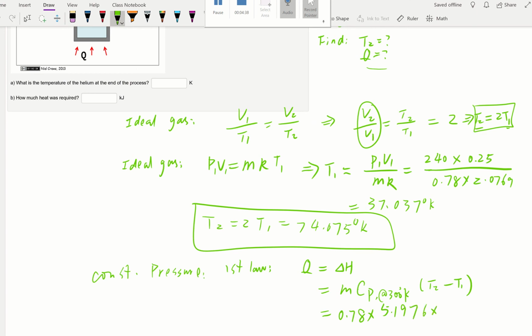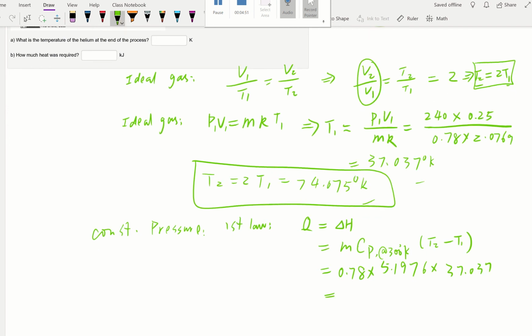And then our temperature, T2 minus T1, basically it's T1, 37.037. And with that calculation, we have the heat transfer as 150.15 kilojoule. All right, so that's our heat transfer.